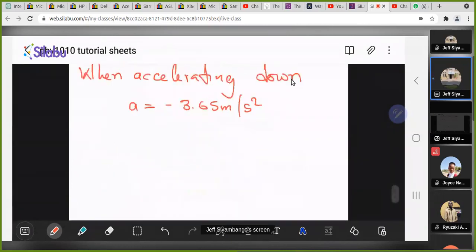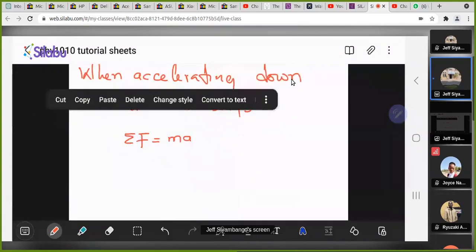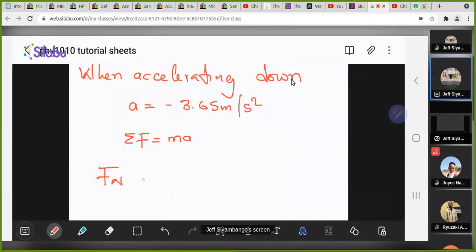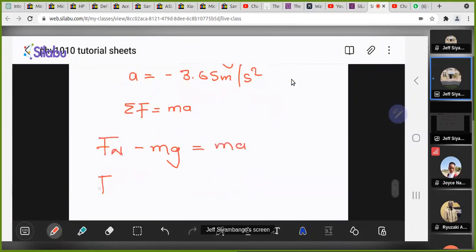The only difference is what the acceleration will be. So the normal will still point up, the weight will still be going down, and this will still be equal to ma. When substituting, we'll still have Fn minus the mass, which is 45, g, which is 9.8. The difference is now it will be 45 multiplying negative 3.65.